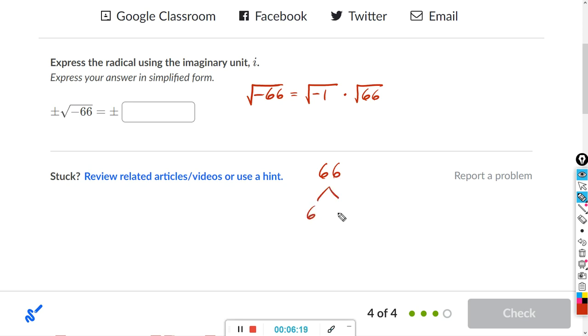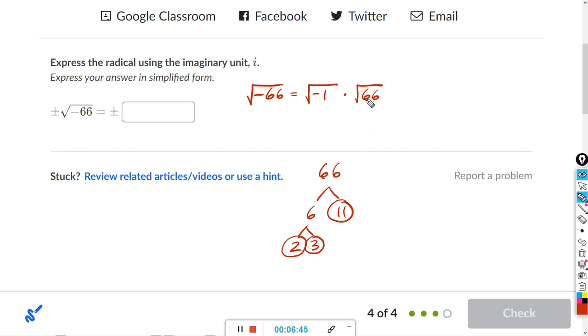We have 6 times 11, and the 6 is the same as 2 times 3. So we have 2 times 3 times 11 in place of 66, but we cannot take the square root of any of these numbers.